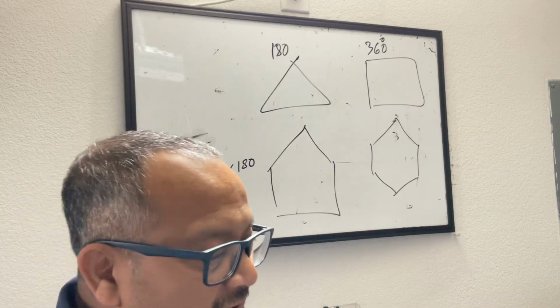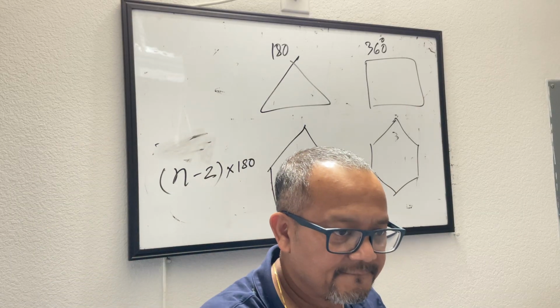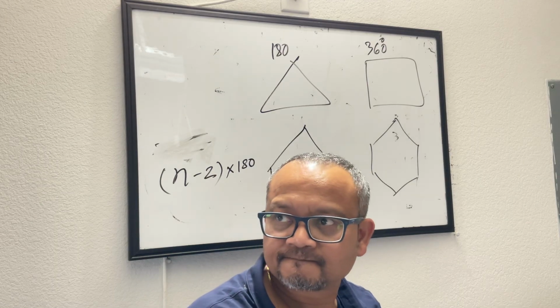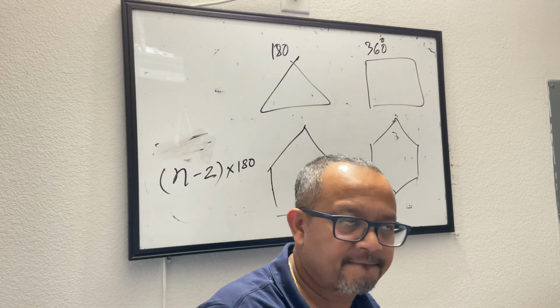Yes, Arihan, you're saying something. I don't know if this one works, but number of sides times 90 and then minus 60.